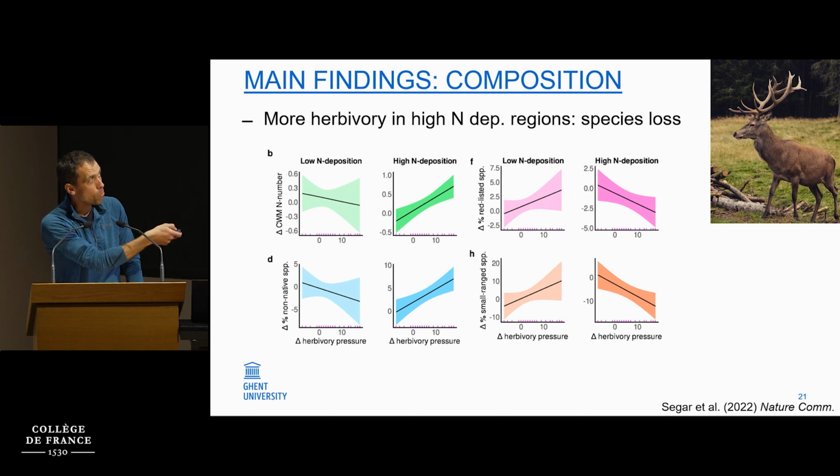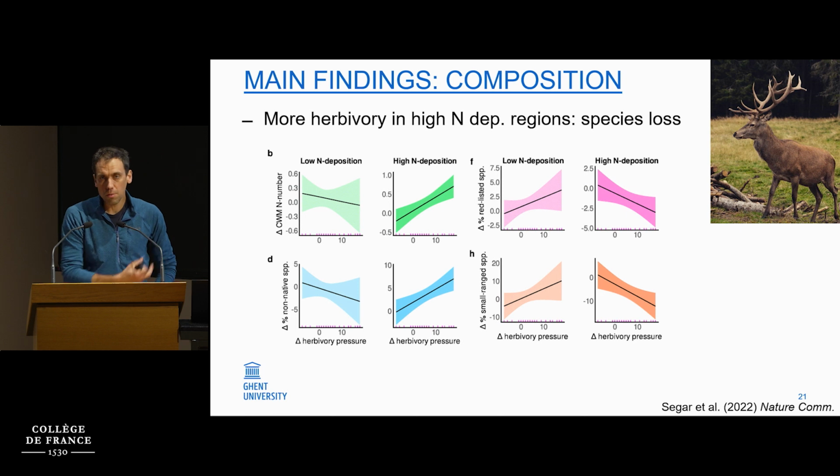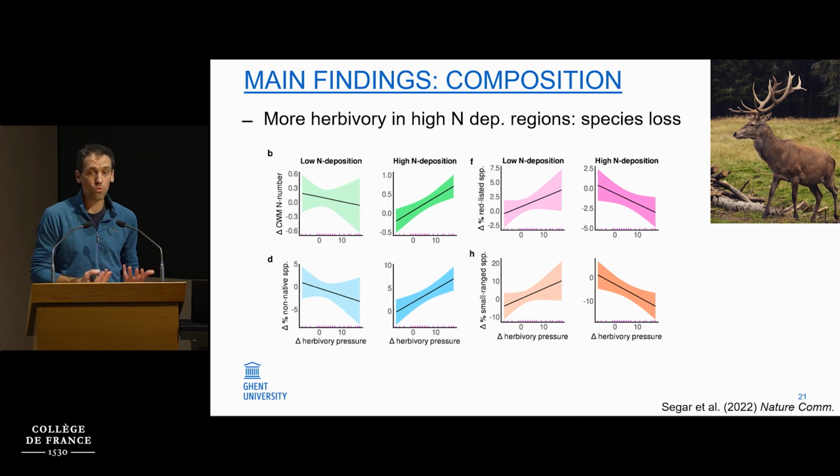The percentage of small-ranged species declines with herbivory. And this is probably because when there are a lot of deer, they browse on the shrubs, on the other plants in the herb layer. They provide more light to the understory, and as a result, plants can profit from this enhanced nitrogen availability and outcompete rarer species.